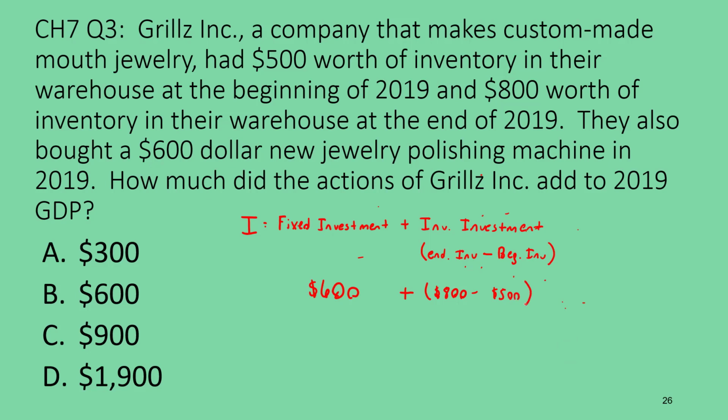Then we can see that they've added $300 to their inventories throughout 2019. So 600 plus 300 is equal to 900. So if you chose C here, then you would get this question correct.